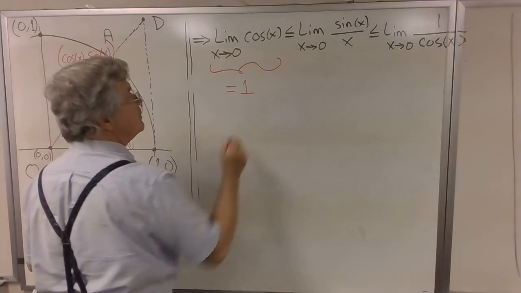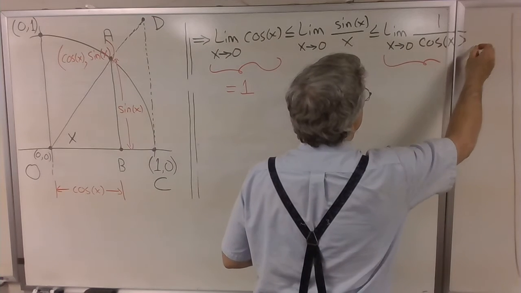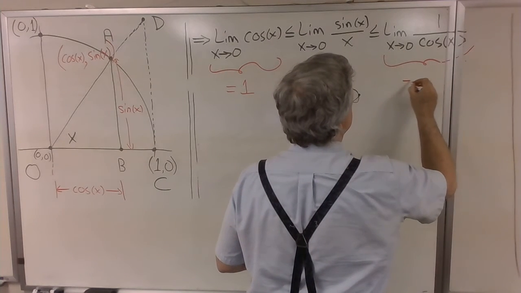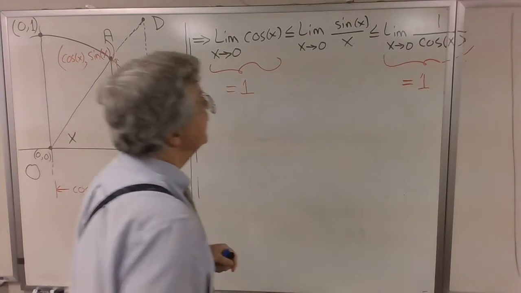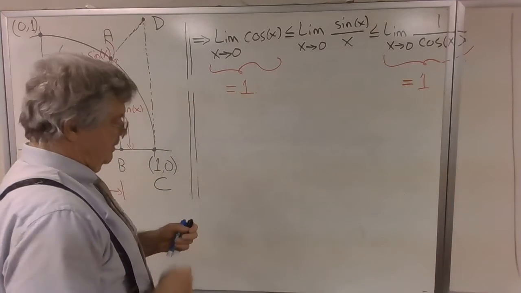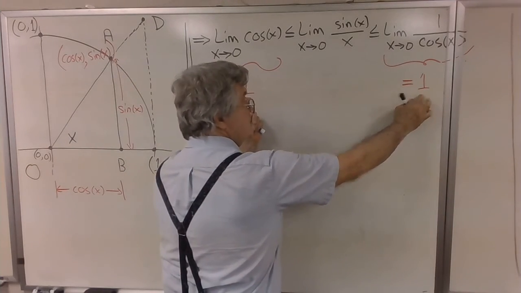That was one of the limits that we learned from last time. And so, again, that's 1. Oh my goodness. The limit that we want is sandwiched in between 1 and 1.